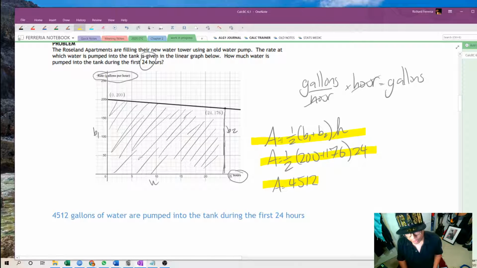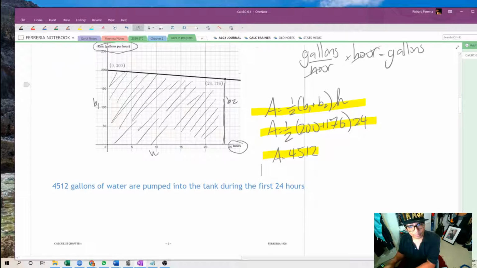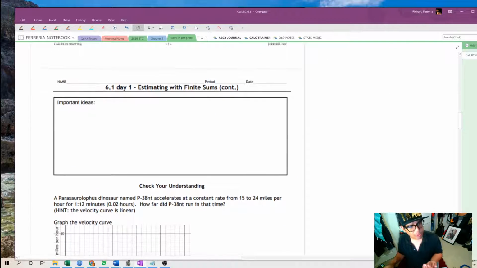The equal sign is going to connect the concept of area with the formula, and with the number 4,512. The next logical leap is to say the 4,512 is the same thing as the number of gallons of water pumped into the tank. And that's all of the work we're doing today.